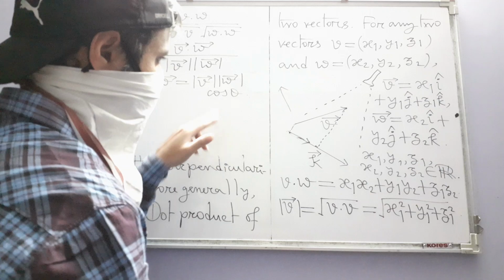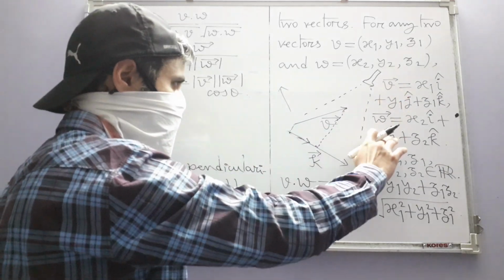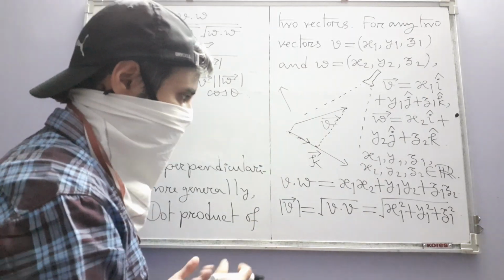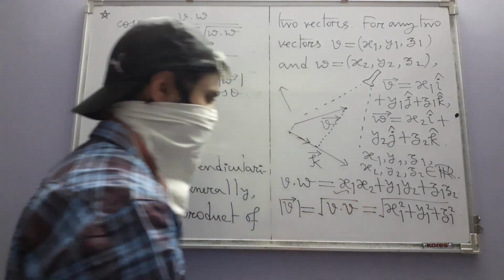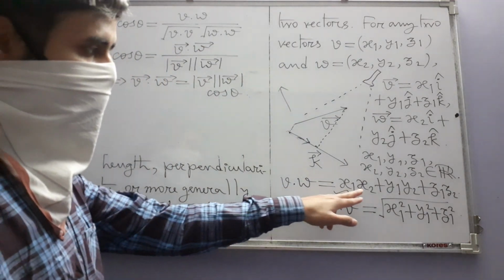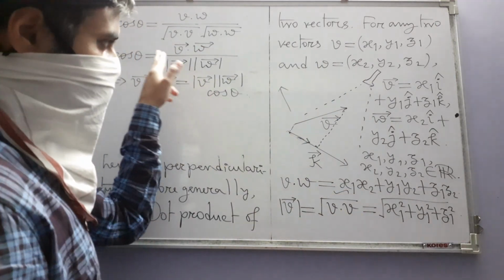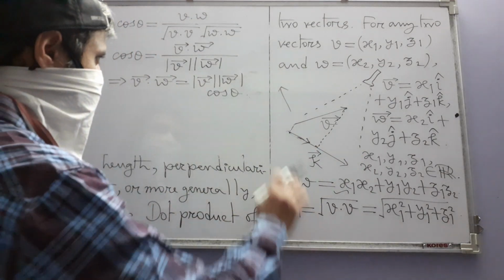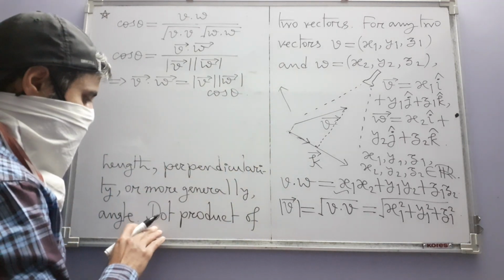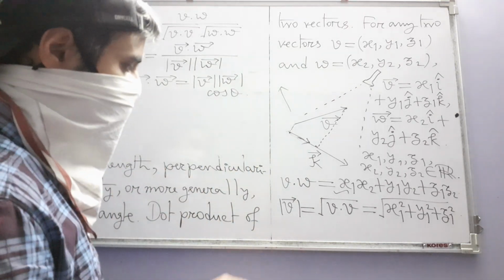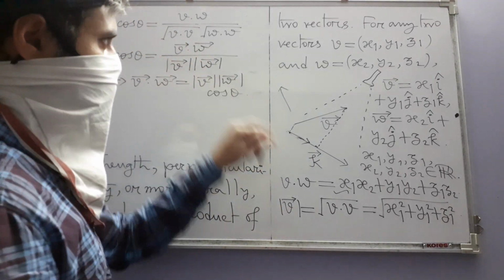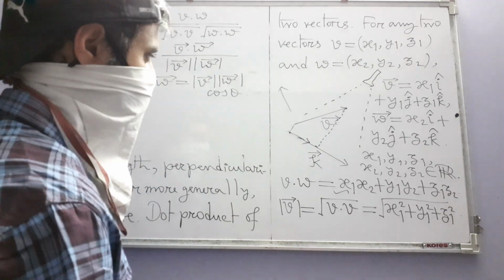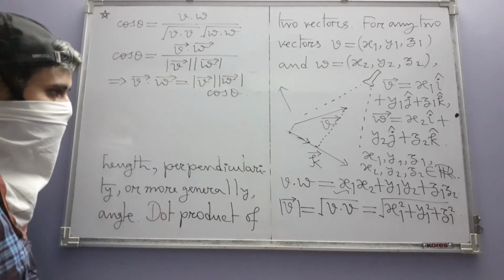Later, when vectors are expressed using their Cartesian components, the dot product ultimately is given by this formula. You can use this one to get that, and you get the same thing. So this is how the notions of length and of the angle between two vectors come from the notion of dot product. That's why they are special cases.